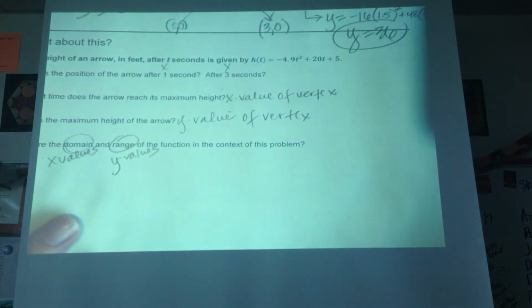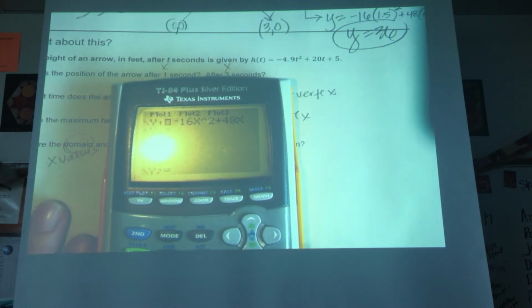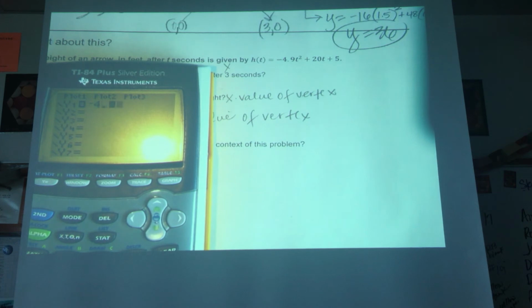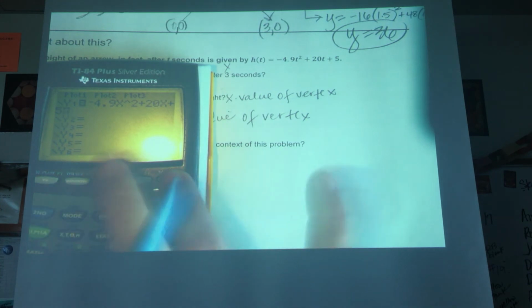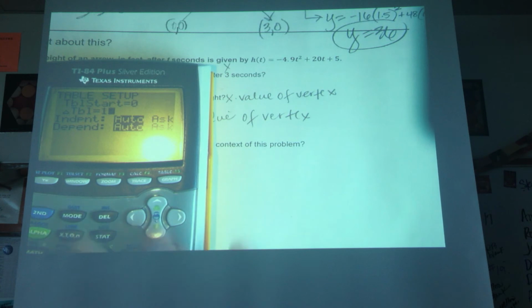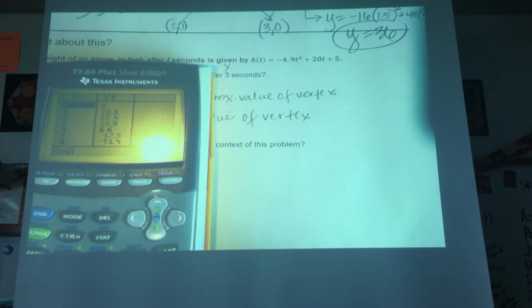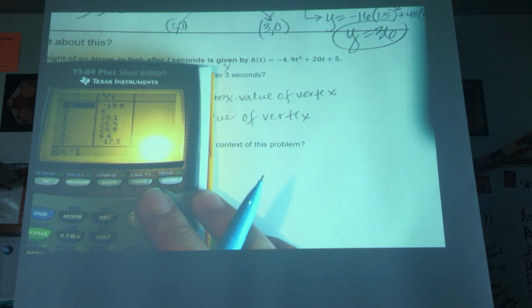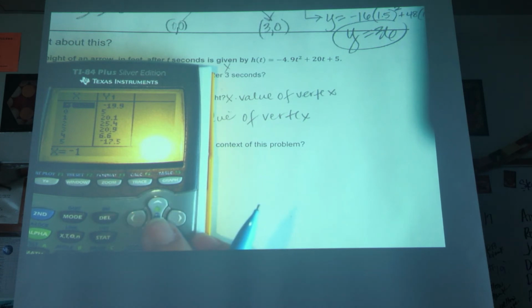So let's examine a table and see if we can get at those answers. Negative 4.9 x squared plus 20x plus 5 going into my table. Now I'm going to change my table back to going by ones. Oh, interesting.